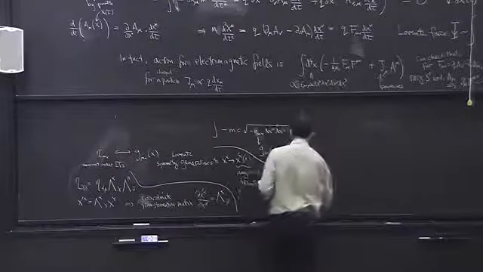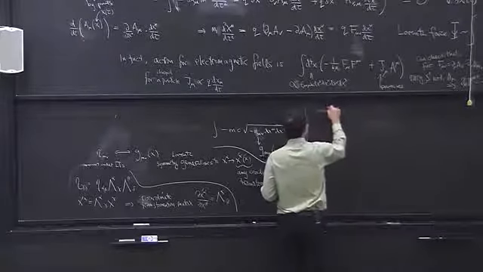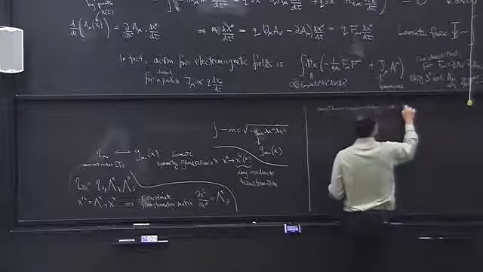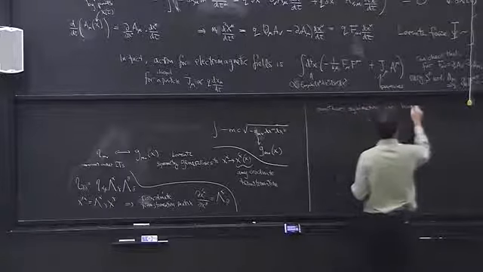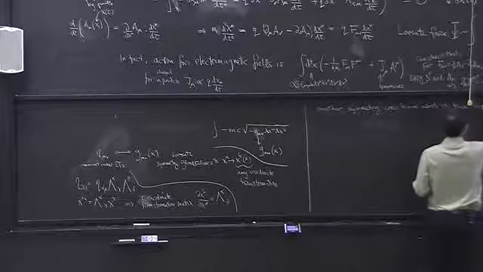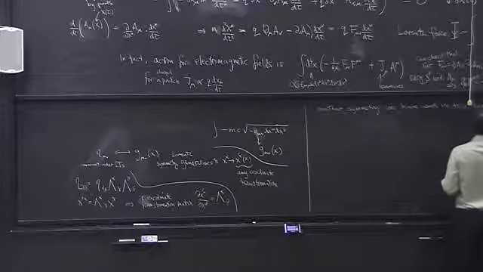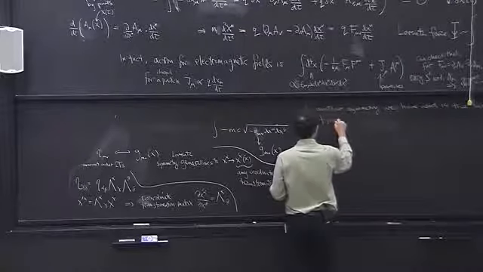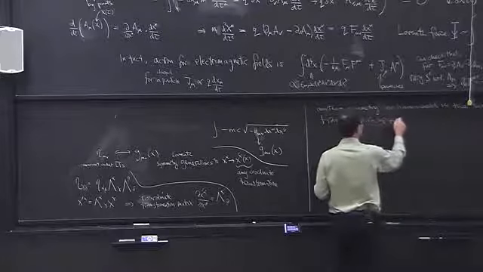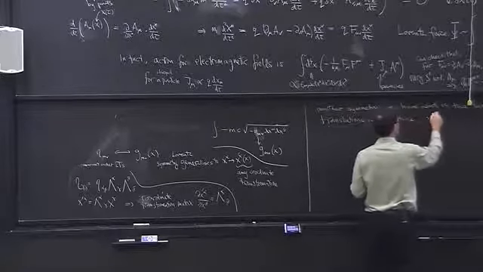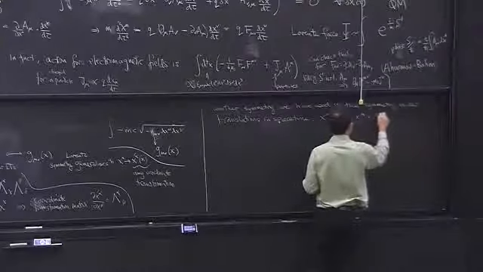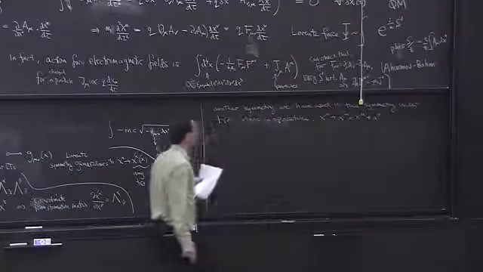There's another symmetry we talked about, another symmetry we have used, which is the symmetry under translations in space-time. X mu goes to X prime mu is X mu plus A mu, with A mu a constant.